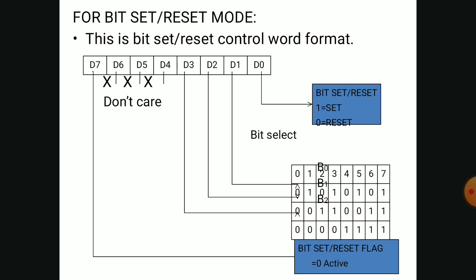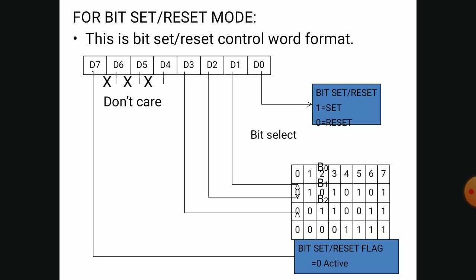D6, D5 and D4 are the bits which we don't consider. D3, D2, D1 are used to address the port bits. As I already indicated, the bit set or reset mode is used only for one port, that is port C. Port C contains a total of 8 IO bits, and those 8 IO bits are selected by means of these addressing bits D3, D2 and D1.